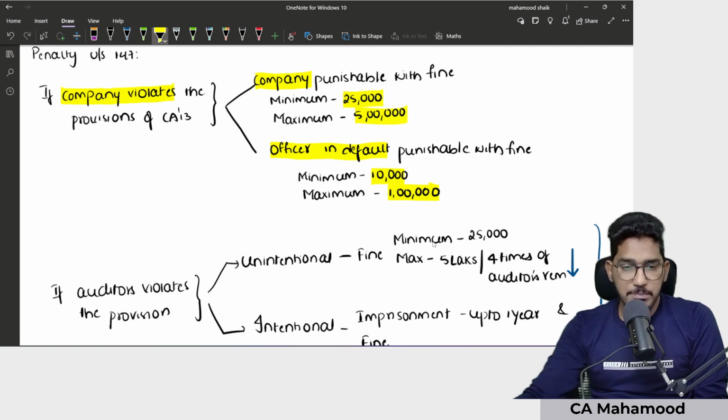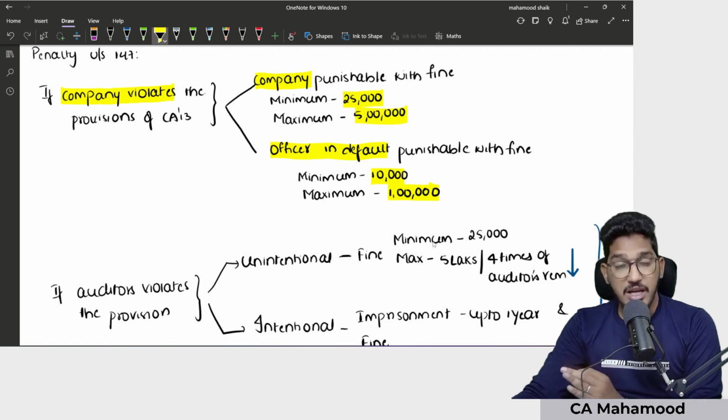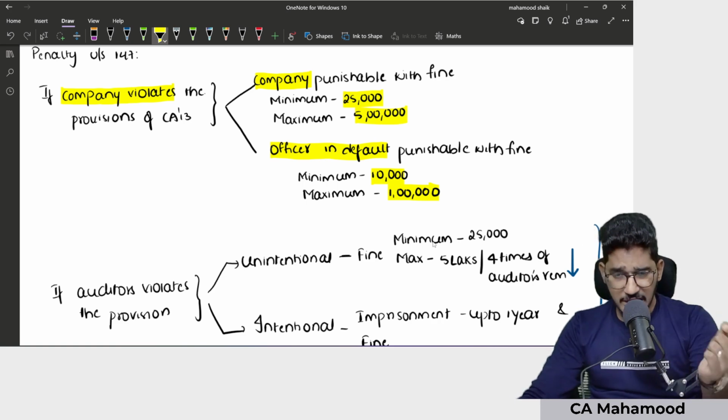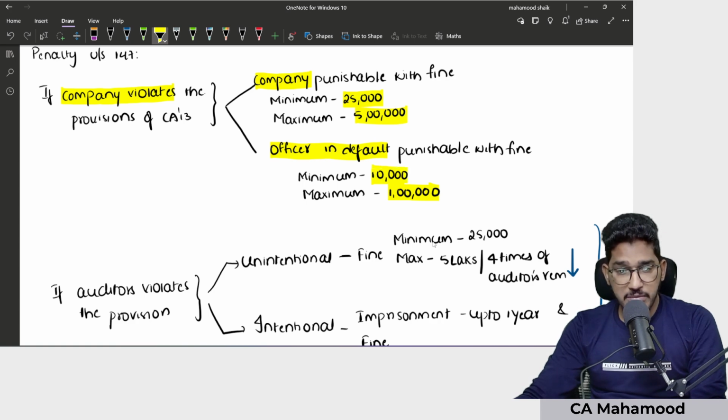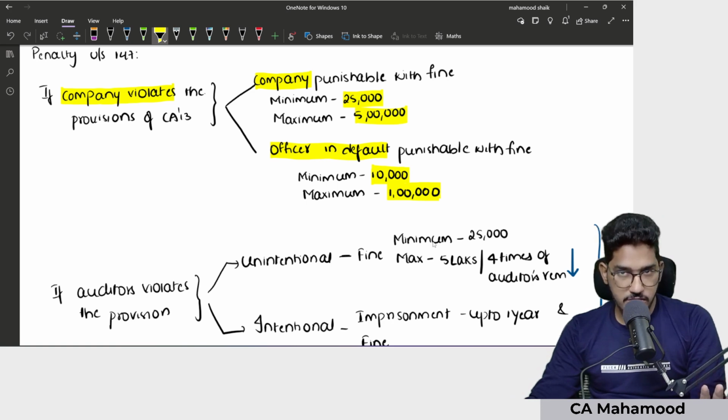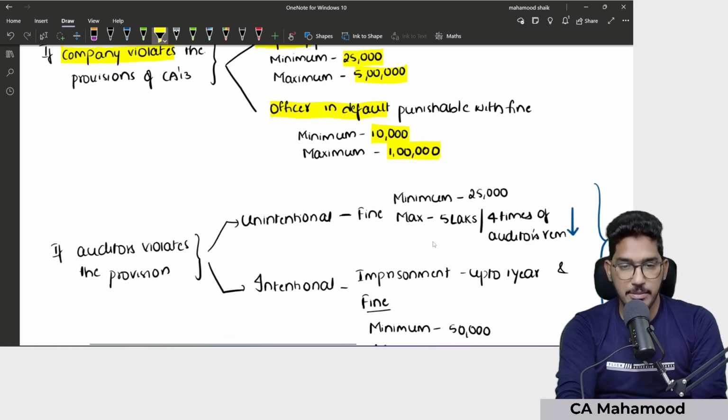So the penalty on the company will be minimum 25,000, which can go up to 5 lakh rupees, whereas in addition, every officer responsible for that mistake shall pay extra penalty, minimum 10,000 rupees, up to a maximum of 1 lakh rupees. Clear? This is the penalty on the company.